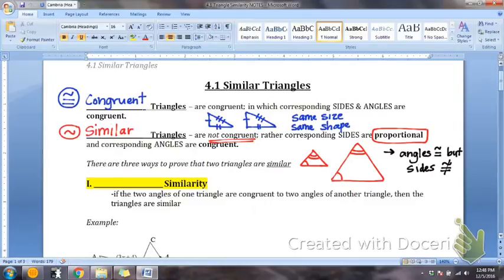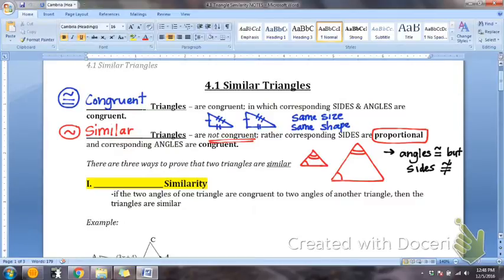So when you see that little squiggly sign, that means similar. Congruent means that there's an equal sign and a squiggly. Okay, so does everyone understand that similar triangles kind of look the same shape, but they are not the same size? They're different sizes. Okay?